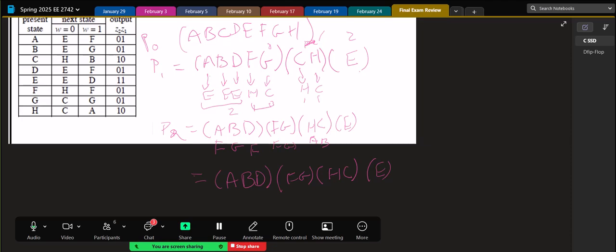Okay, so then my reduced state table will have present state, next state, W equals 0, W equals 1, and output.